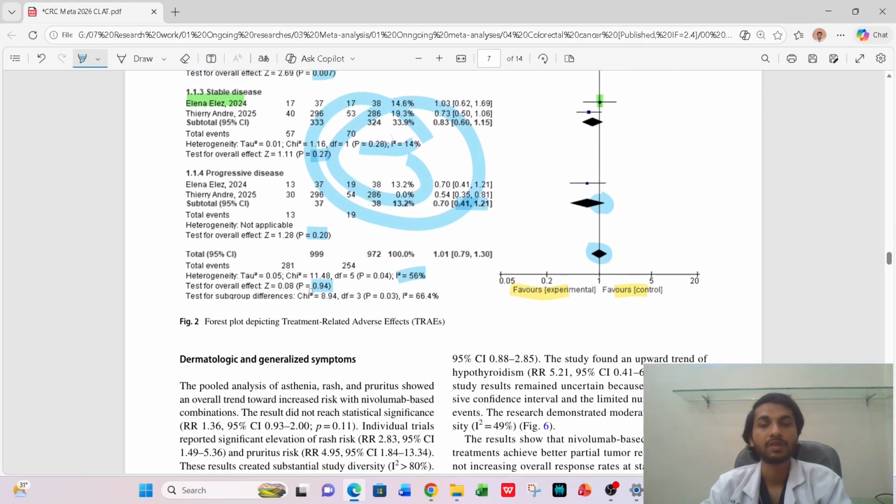There is one thing which is called meta-regression. So meta-regression is run on the analysis when there is high heterogeneity. Like here you can see the heterogeneity is high, moderate to high, from 56 to 66%. So you have to run the meta-regression.